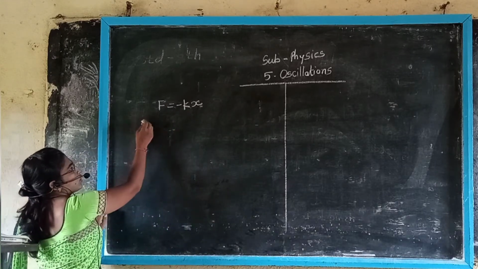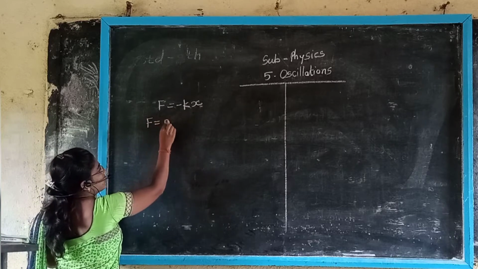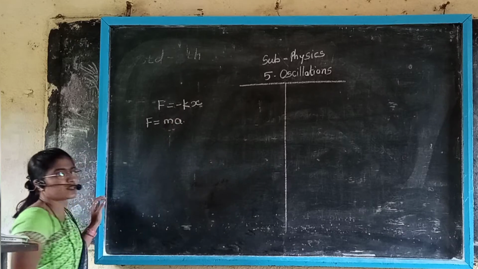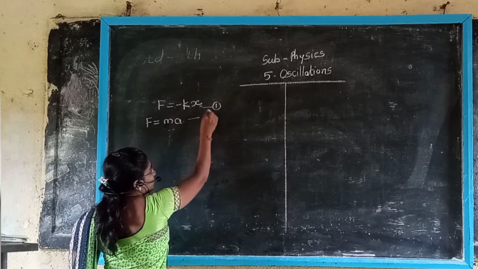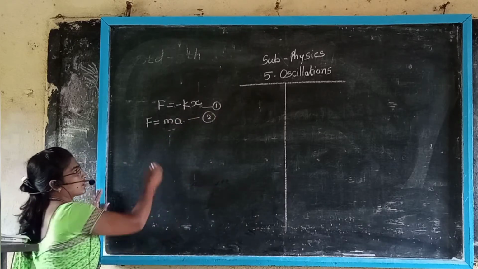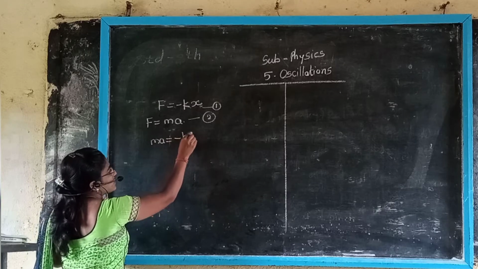From Newton's second law, we have the relation F is equal to mass into acceleration. Comparing these two equations, we get ma is equal to minus kx.